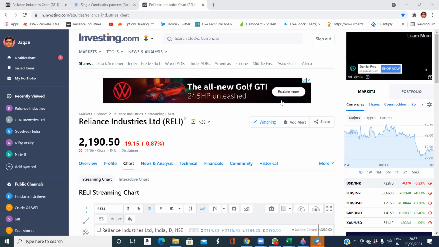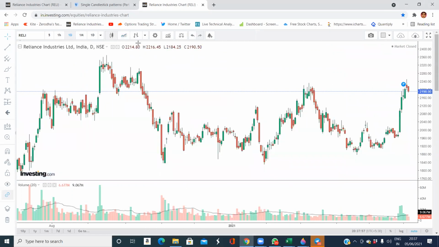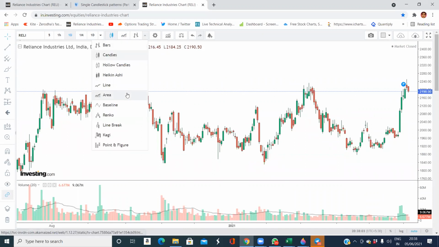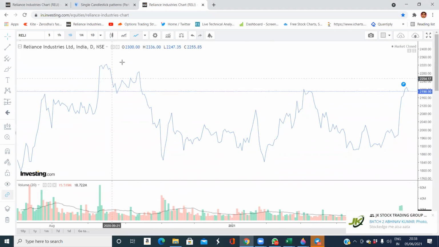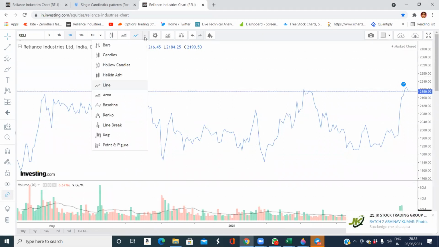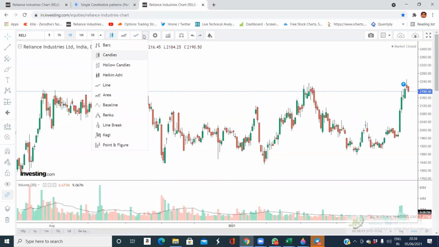Okay. Then if you want to see the candlestick chart, it will appear like this. Then from this drop down menu, you can change this to the line chart. This is the line chart. Then this is candles. Then this is bar.